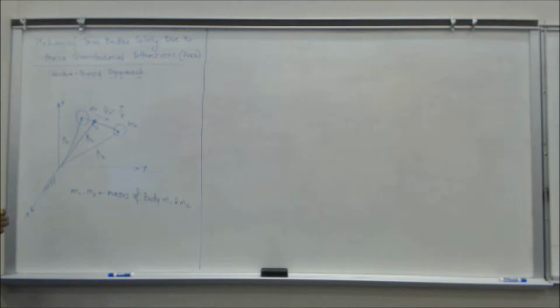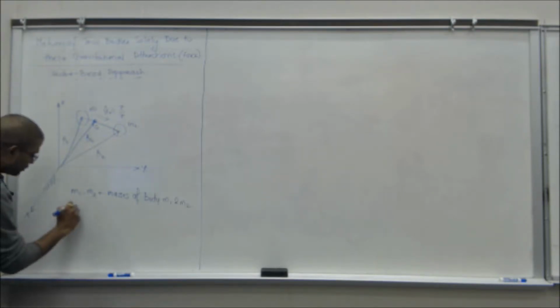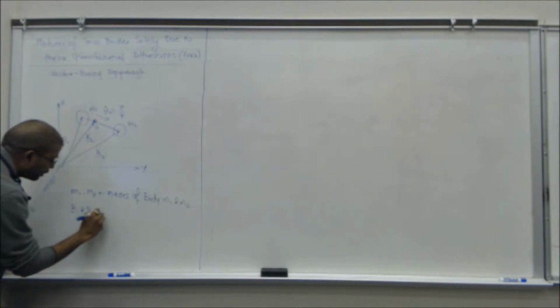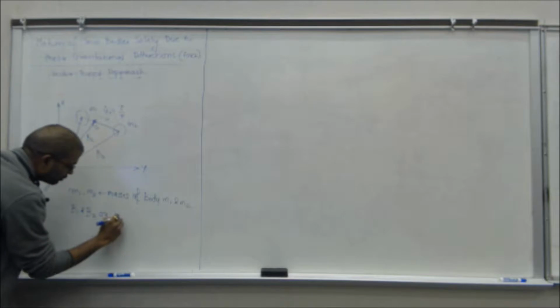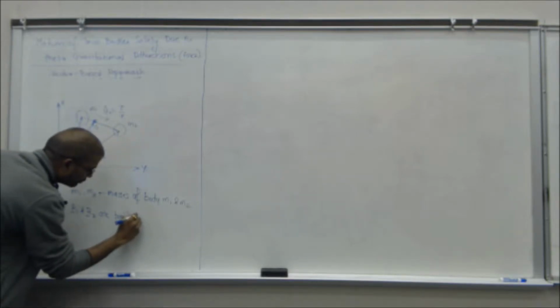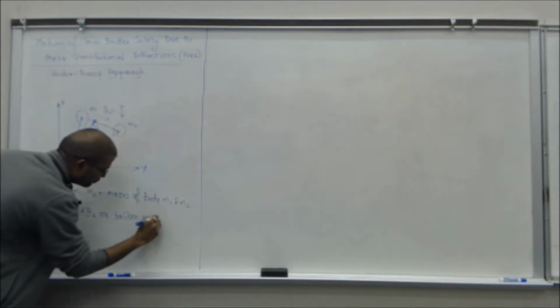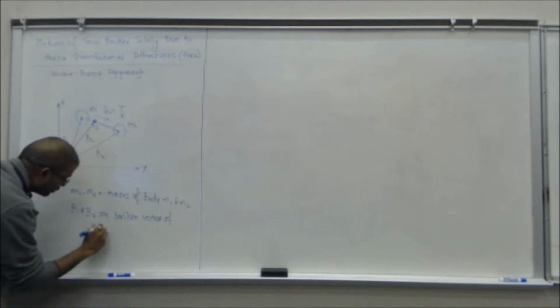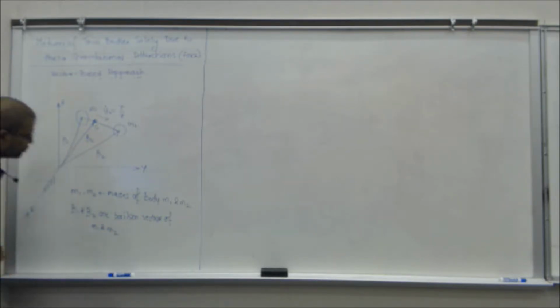Right? So M1 and M2 are the two masses. R1 and R2 are position vectors of M1 and M2.